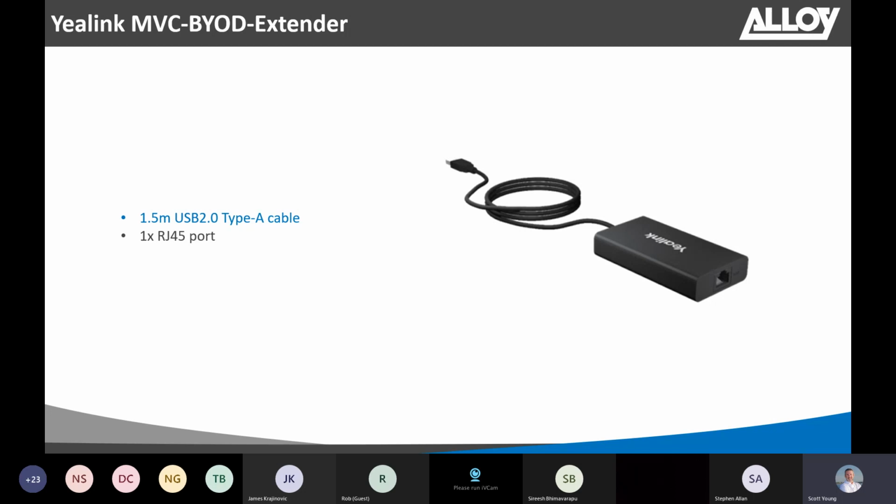Now what this does is it's a single USB connection to your computer and a single Ethernet connection back to the camera that we're using on the MVC kit. Now at the moment, the cameras that are supported in this solution are the UVC-40 and the UVC-84.